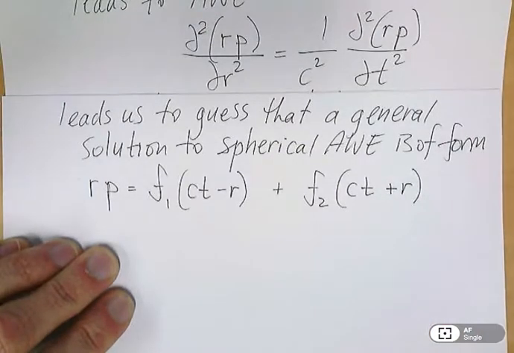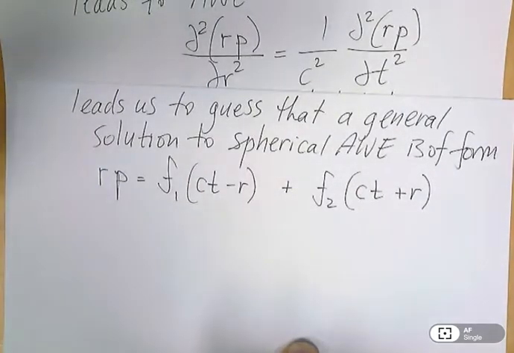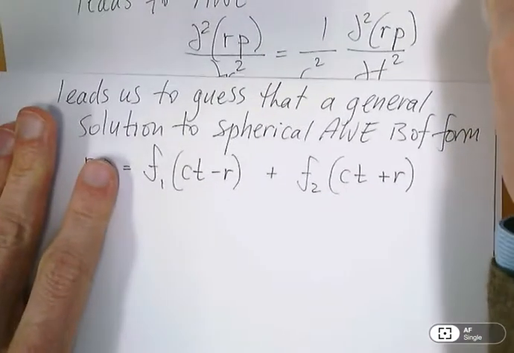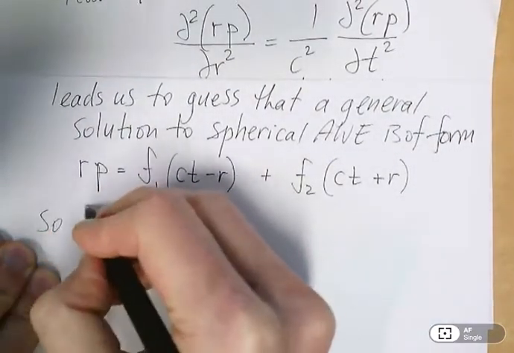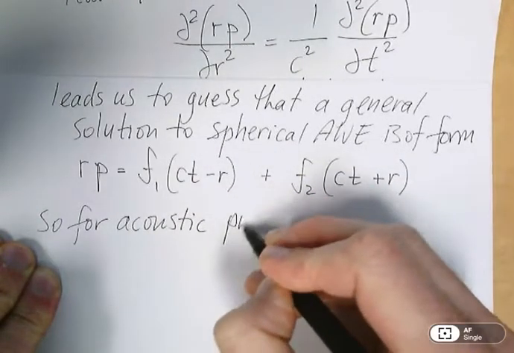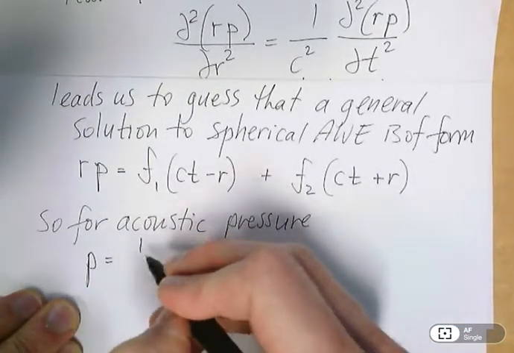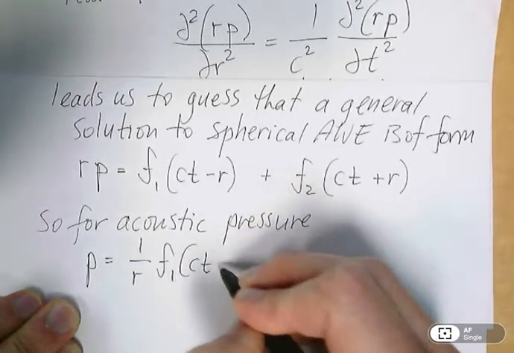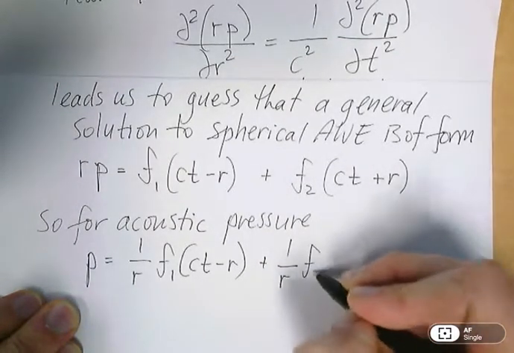Now let's examine this a little bit further, because we're ultimately interested in acoustic pressure. So for acoustic pressure, that means the general solution could be P is 1 on r times that function F1 with argument ct minus r, plus 1 on r times that function F2 with the argument ct plus r.